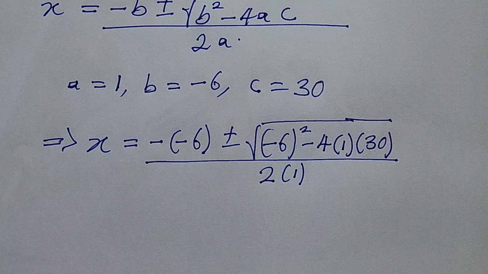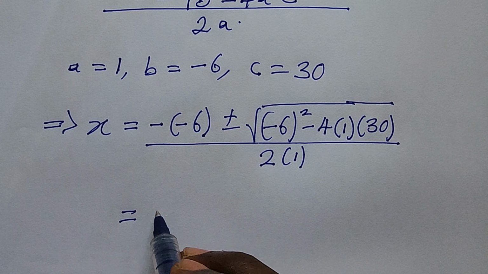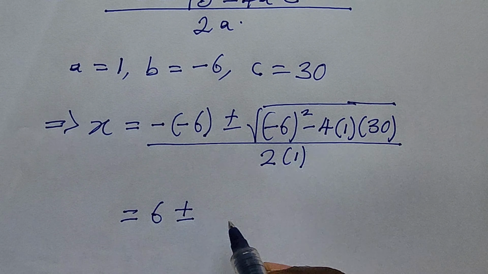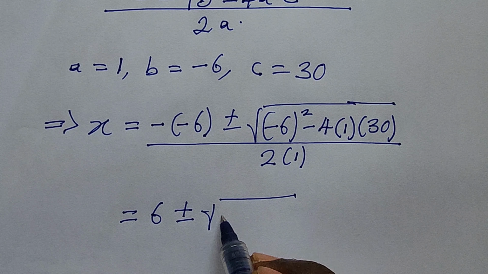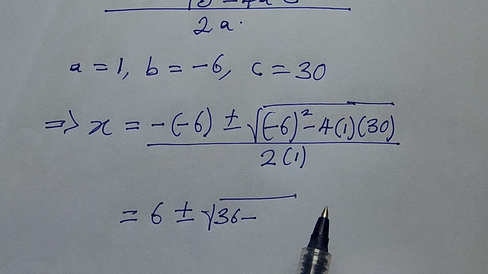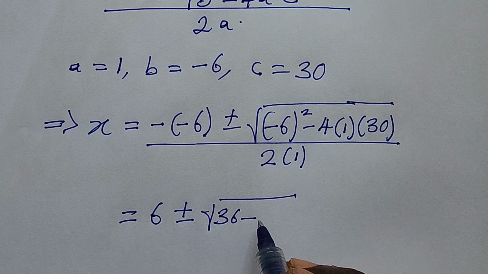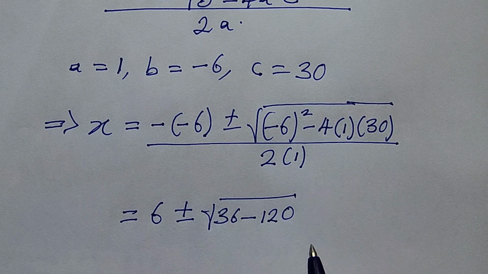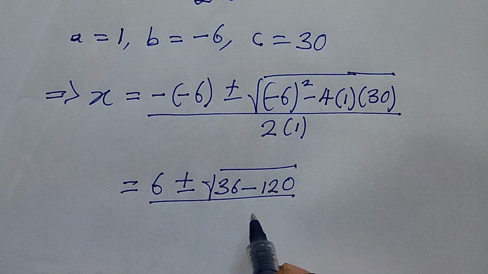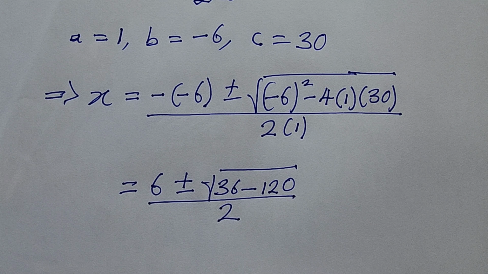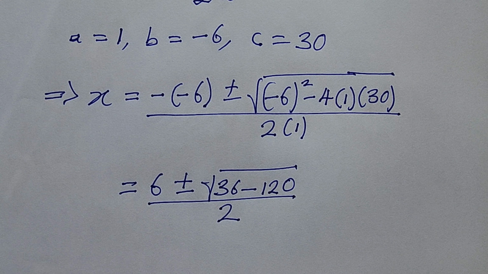Good. From here, we have positive 6 plus or minus the square root of 36 minus 4 times 30, which gives us 120, everything all over 2, because 2 times 1 gives us 2.